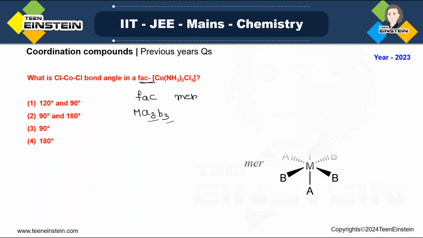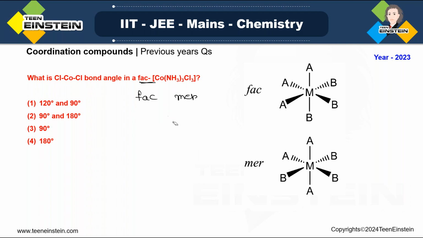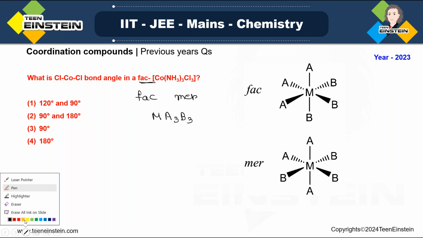Now fac-mer isomerism, what is the difference? If you look at these options, let me write it as capital A so that you can compare with this picture. So this is the general formula Ma3B3. Here I am writing with capital A and B. In the fac and the mer, the basic difference is, in fac, if you connect all these, you get a triangle. In this triangle, just consider any 2 A. It is always 90 degree. If you choose these two, it is 90 degree.